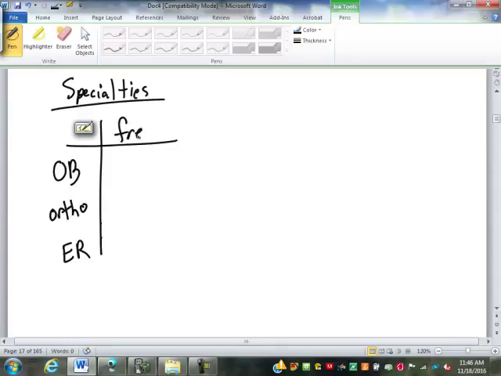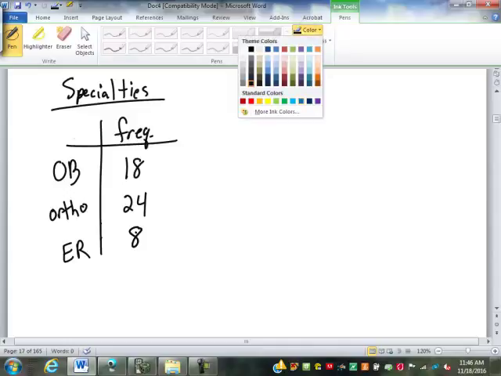And our frequency or number of students in each, let's say that we have 18 that are interested in OB, 24 that are interested in ortho, and 8 that are interested in ER.